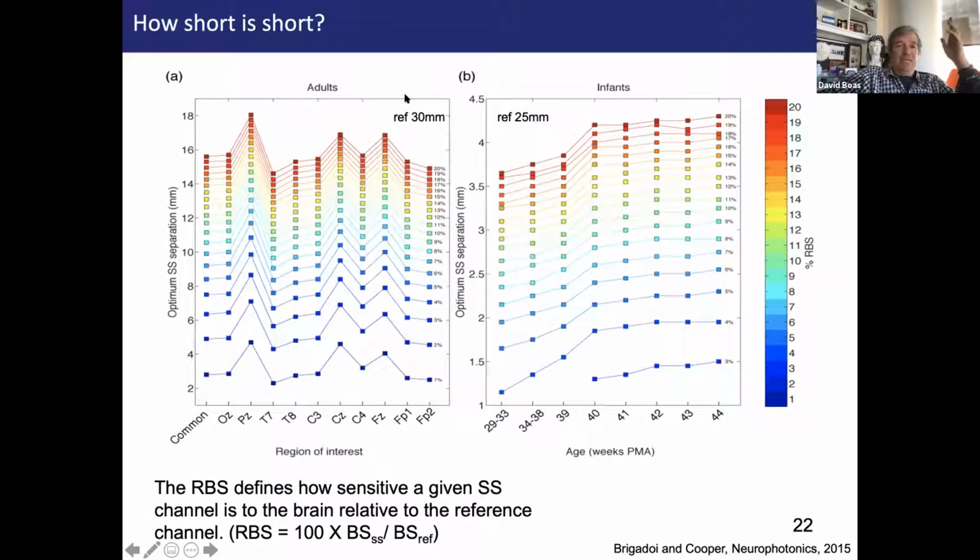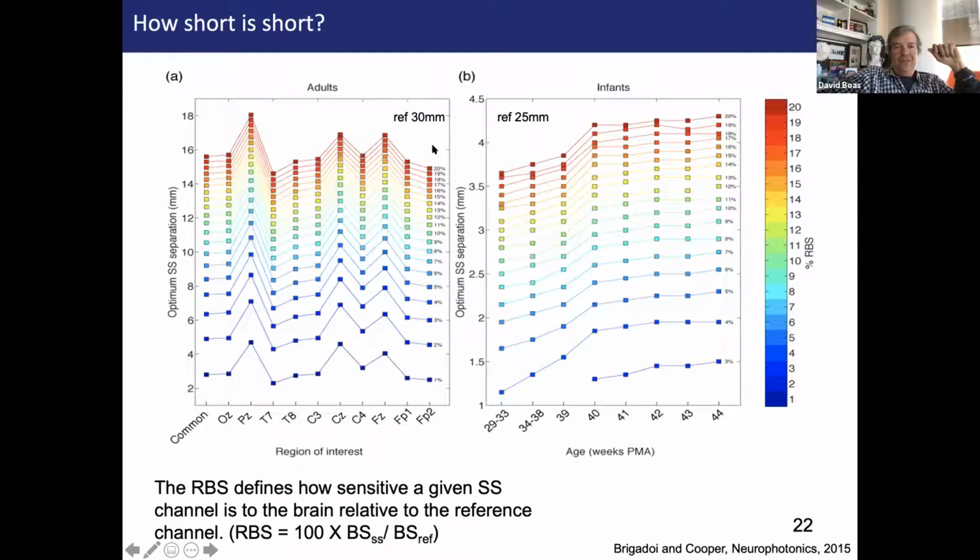They look at adults, where maybe the long separation is 30 millimeters, and at different brain regions, showing what short source-detector separations you would need to get a relative brain sensitivity of, say, 10% of what you had at the long separation.